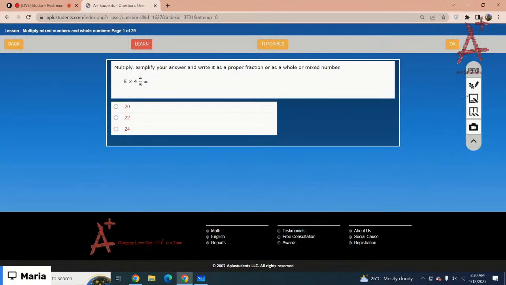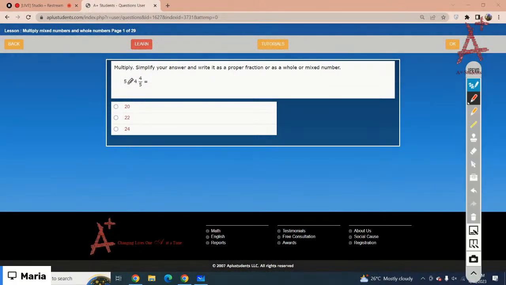Okay, so 5 times 4 whole 4 over 5. The denominator of 5 is 1. How do we convert 4 whole 4 over 5 to an improper fraction? You have to do denominator times whole number, and then you have to add the numerator to the product. Denominator is exactly the same.